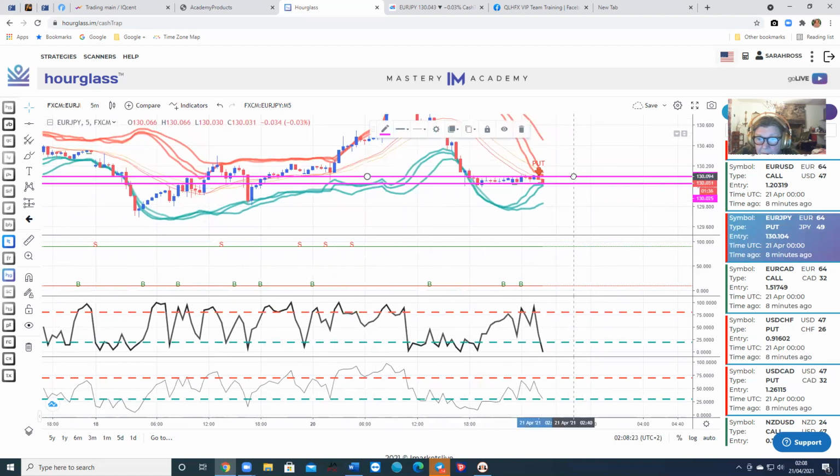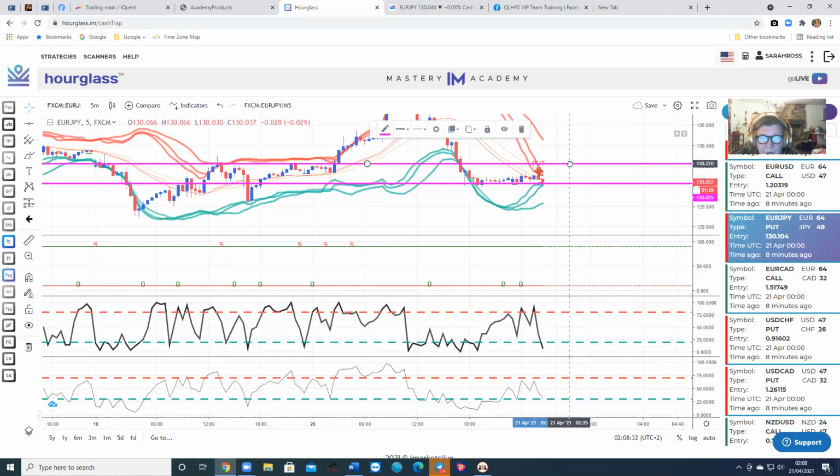So let's have a look. And that was 200 is right up there that we discussed earlier. There's the 200 level of resistance, 130.200, which is what we were discussing when we looked at Trading View.